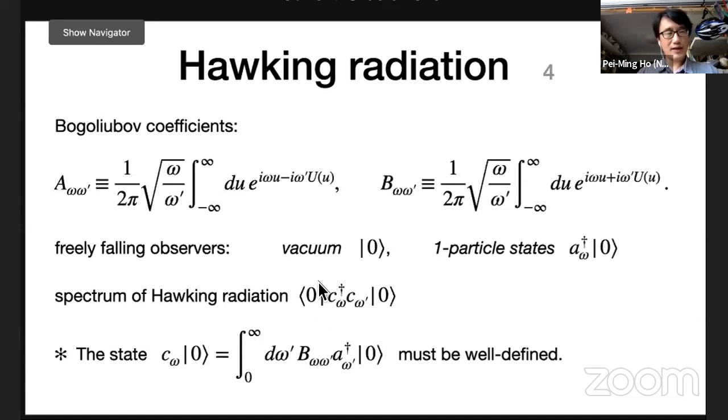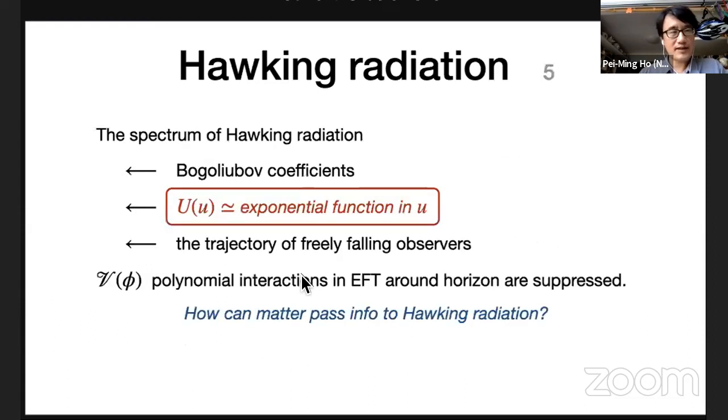So the particle number operator for c, the particle number operator for distant observers, for this freely falling observer's vacuum would be non-zero, and that gives you the spectrum of Hawking radiation. So all these calculations can be done without the assumption of an event horizon. All you need is this exponential relation between the coordinate you use to define the vacuum and the coordinate you use to define observation.